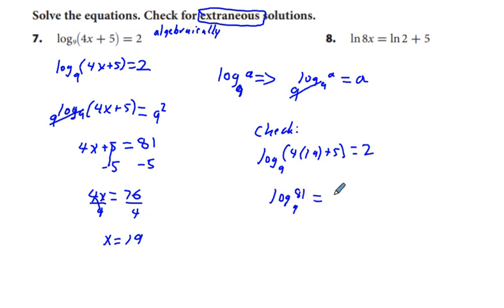On the right side, we bring down 2. So now we can ask ourselves the question, what power do we have to raise 9 to get 81? Well, 9 squared is 81, so the left side of the equation is 2. So 2 equals 2, so that's a check. So x equals 19 is our correct solution to problem 7.